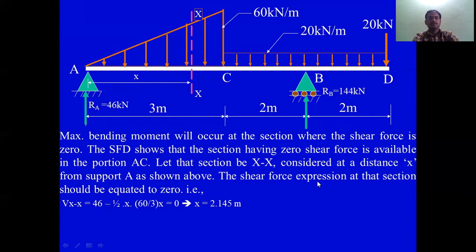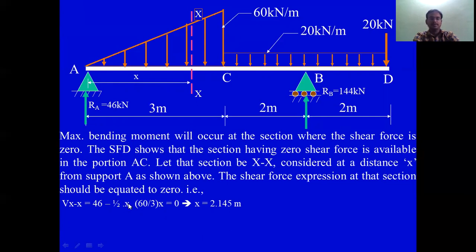Now again, same thing, we need to make use of the same formulas again. From the shear force, you make the summation of shear force 0. So 46, and the next one is minus. So how do we get minus? First of all, you need to take the area, half into base into height.